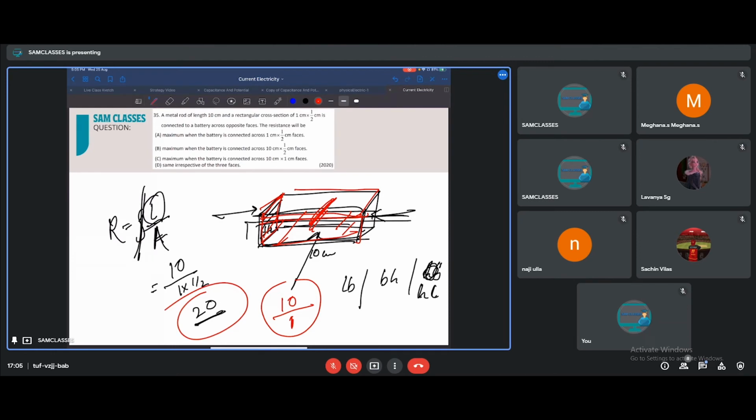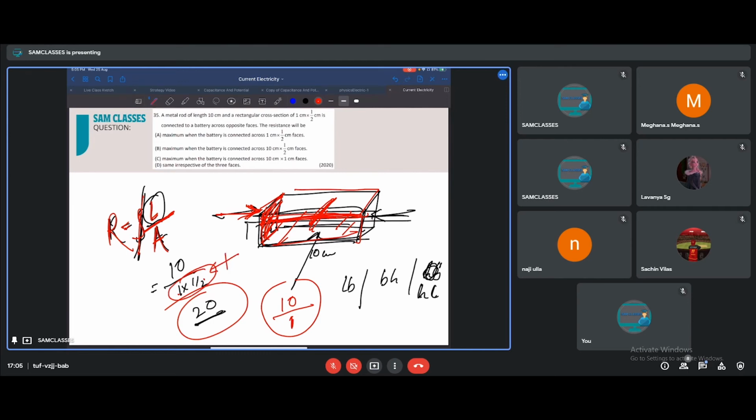See, resistance is equal to what? Rho L by A. Rho is constant, we don't have to worry. So we have to worry about the length and the area. So let's say I'm sending the current from here. How much length is it covering in this 10 centimeter? And what is the area it is covering? This part of the area of the cross section, that is equal to 1 into half. So this is the least area we can get of all the three faces.